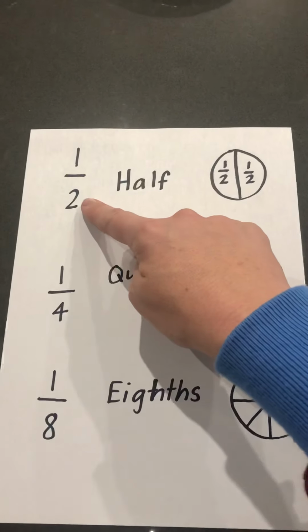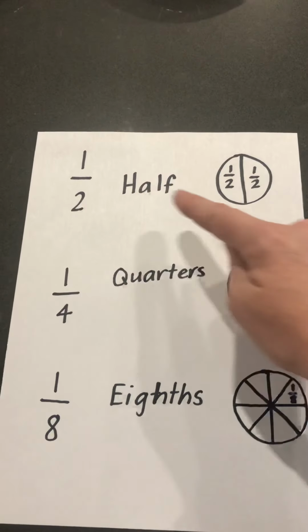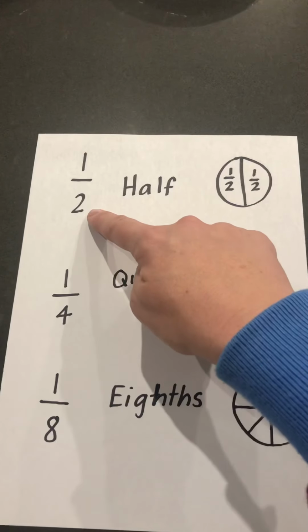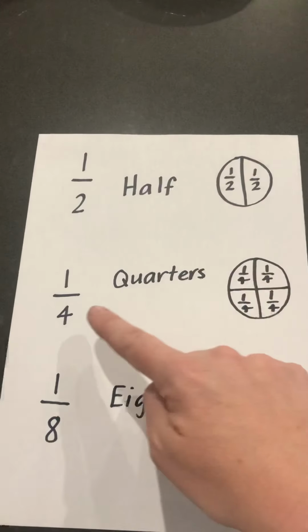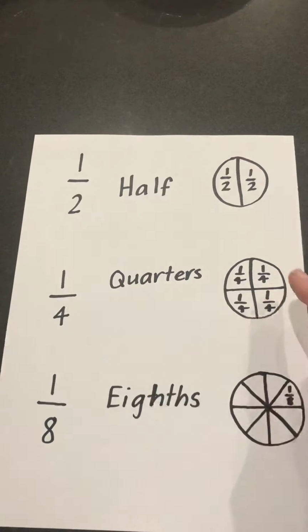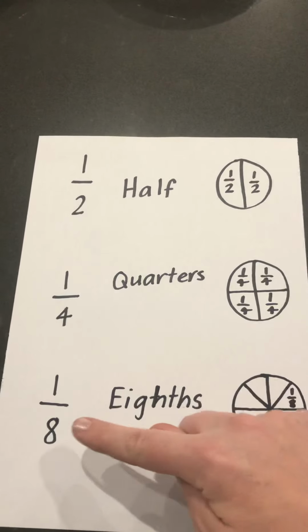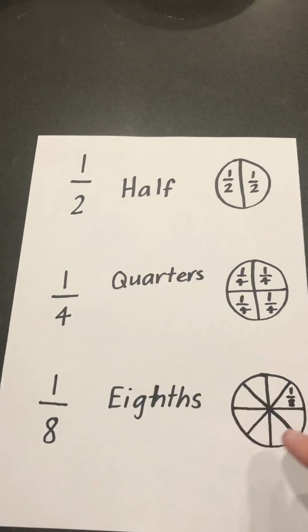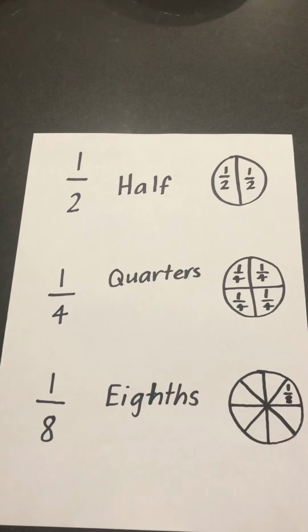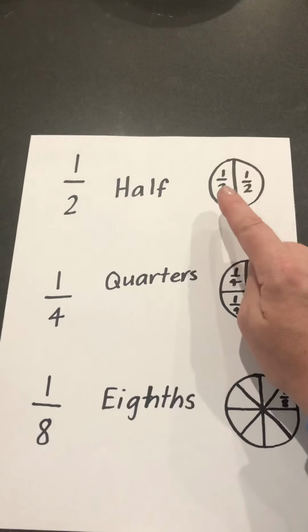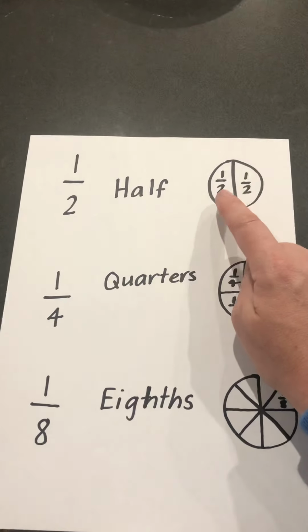We know that this number represents that I have broken this whole pizza into 2 equal parts. This number down the bottom represents that this pizza has been broken into 4 equal parts. And the same for the 8 down the bottom: this pizza has been broken into 8 equal parts. The top number represents how much I have.